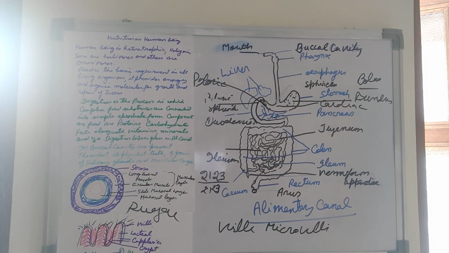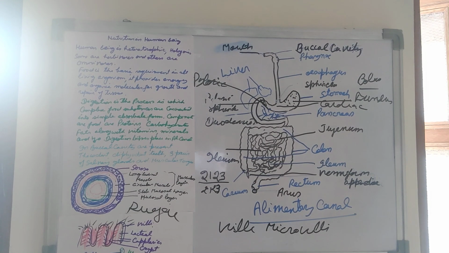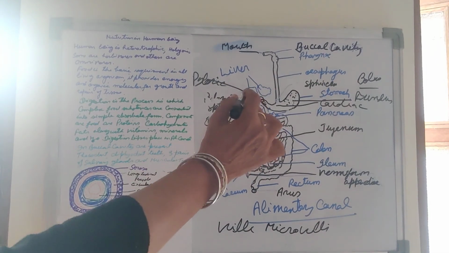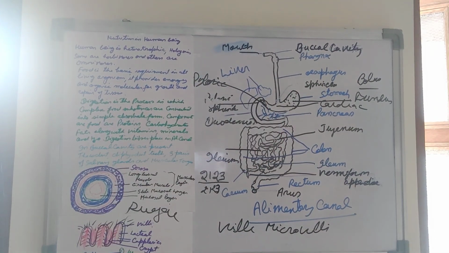Then on the right side of the body, below the diaphragm, in the abdomen is a large two-lobed structure called the liver. The liver secretes bile juice. Bile juice is stored in the gallbladder.